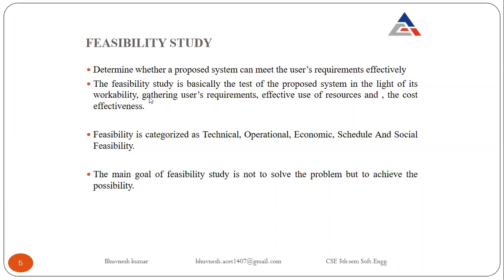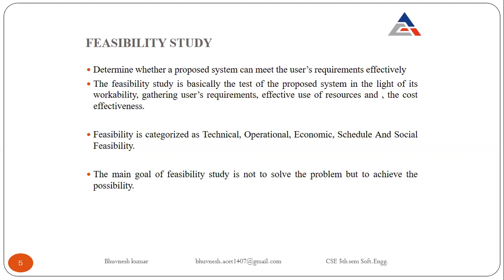Okay, all these points come under your feasibility study. The product that we are making should be feasible, and the working should be feasible. It should work according to the customer's need. For that, we have to collect the proper requirements from the customer. Gathering should be proper. Then resources are used.